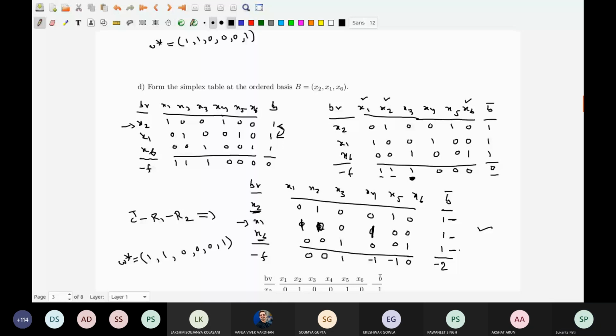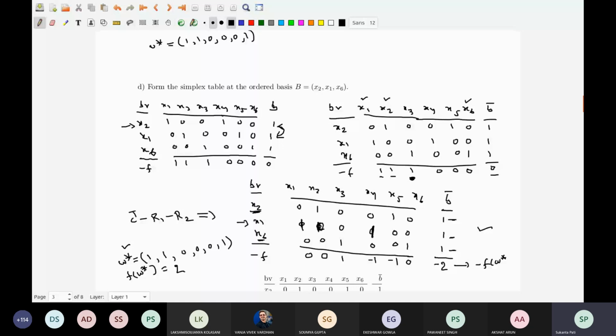Fine. What is the value of w star? Remember what the cost function was? The cost function was x1 plus x2 plus x3. So w star was 2. So this is actually the minus of w star. So the simplex table is telling you that you are standing at this point and here is the new revised problem.